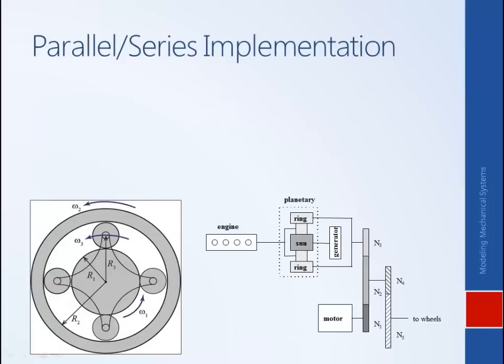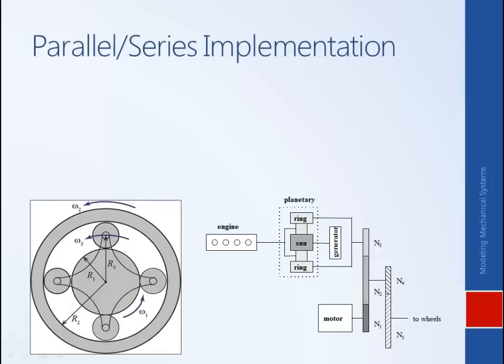A common architecture that combines the use of a speed coupling device and a torque coupling device using an extra power plant, which in this case is just another electric motor, which we'll call a generator, is shown here. And this is typical of what we would call a parallel series implementation.